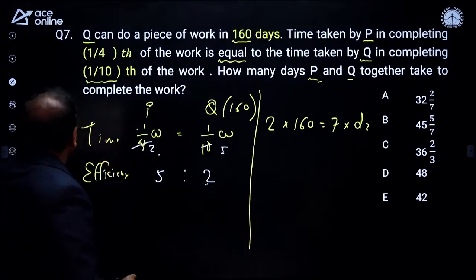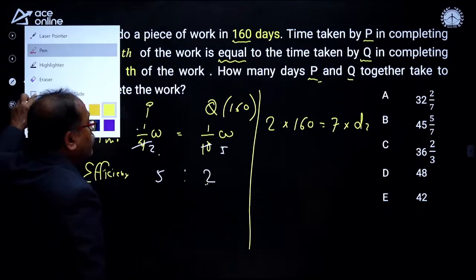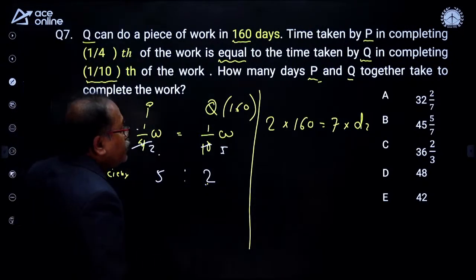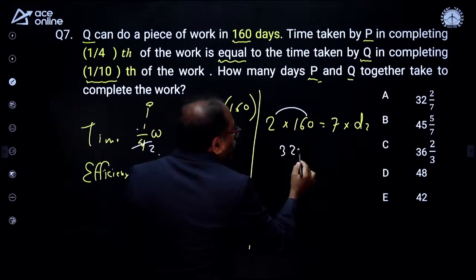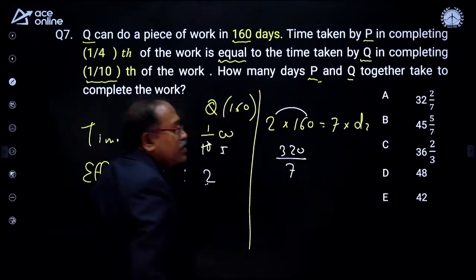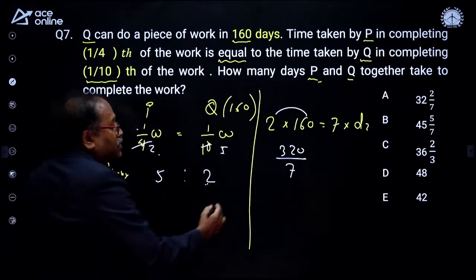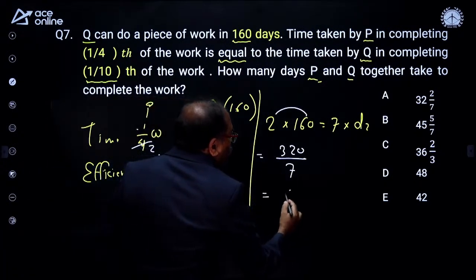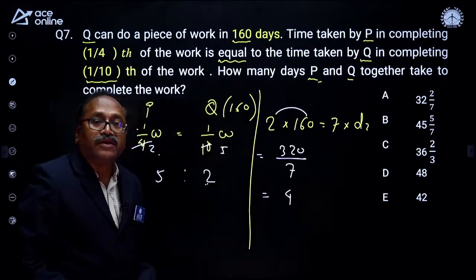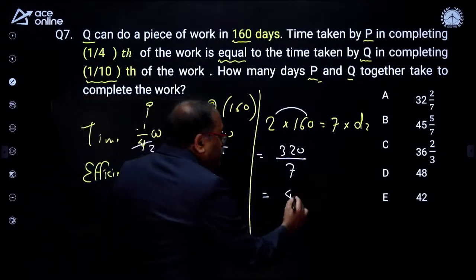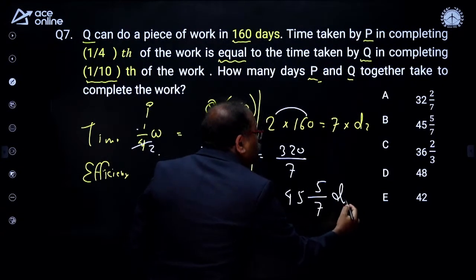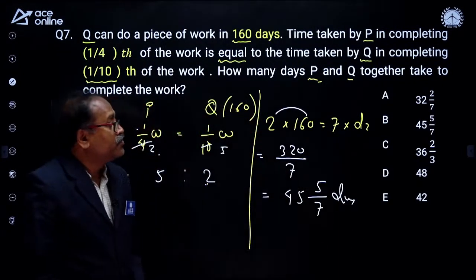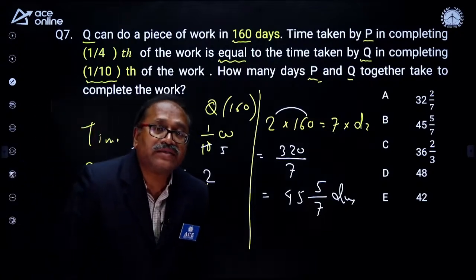You know that this is nothing but 320, and 320 divided by 7: 7 4s are 28, I am left with 40, 7 5s are 35, the remainder is 5. So this should be the answer, 45 5/7 days.